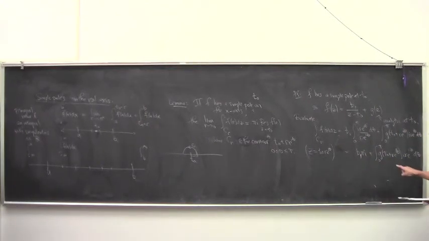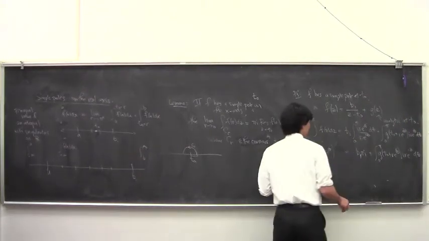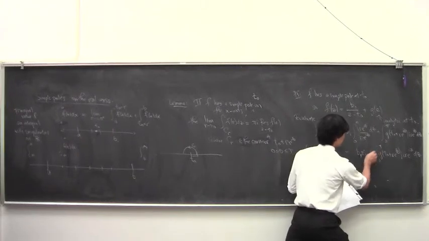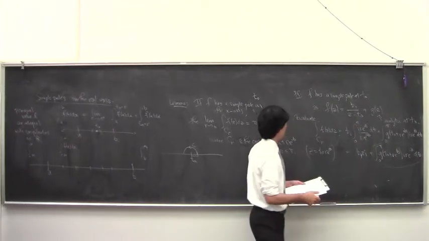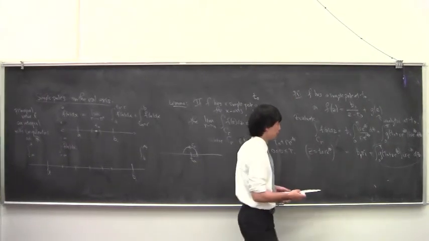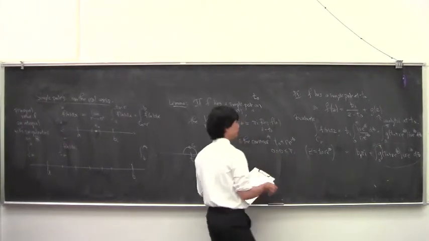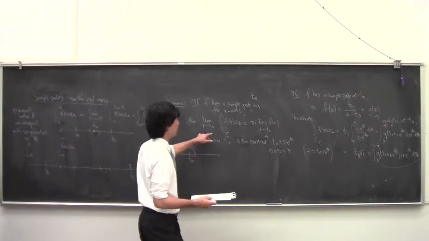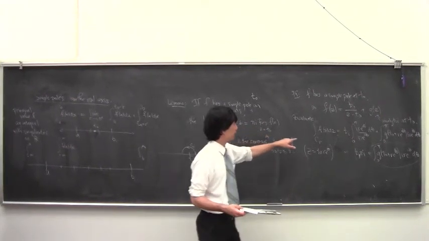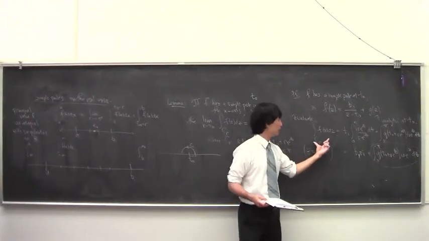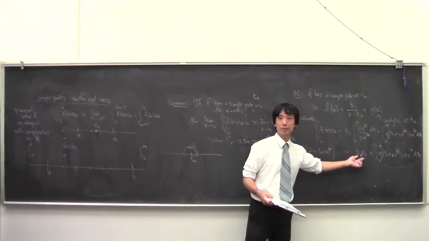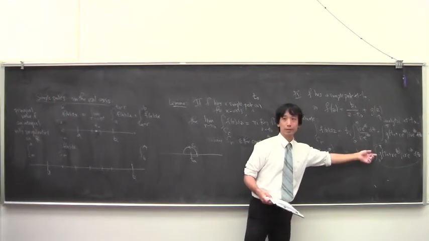Okay, and then say let's show that this thing goes to 0 as r goes to 0. Right, if we show that, then we're done, because what we'd get is that the limit as r goes to 0 of this is pi i times the residue, plus 0.